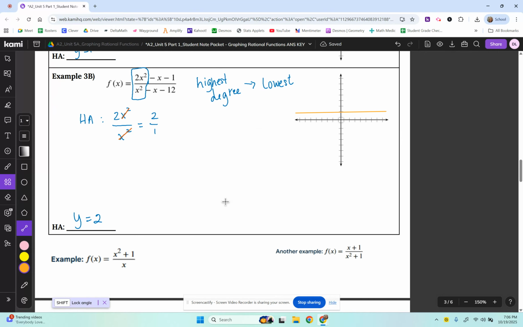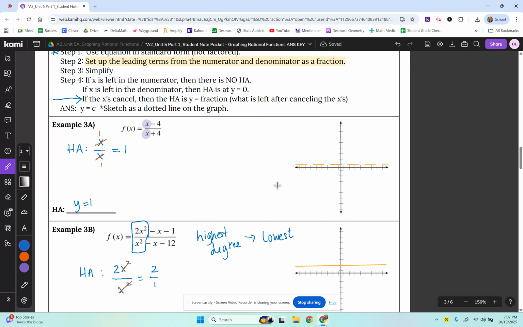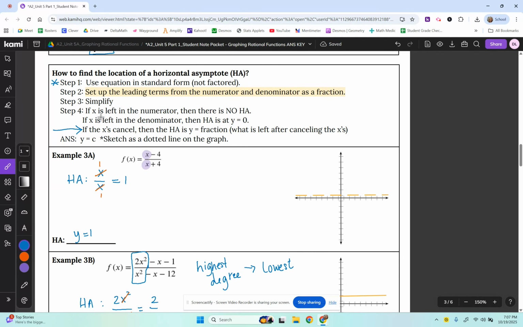Okay, just to show you, I added a couple of examples down here. They're not in your notes, but I wanted to show you what the other two examples look like. Up here it says if x is left in the numerator, then there is no horizontal asymptote.